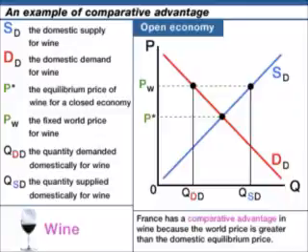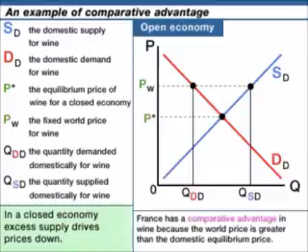Now notice, the quantity supplied domestically is greater than the quantity demanded domestically at this higher price. If we were in a closed economy, of course, this could not be an equilibrium. The bidding mechanism would push the price of wine downwards until we reach the intersection of the two curves.